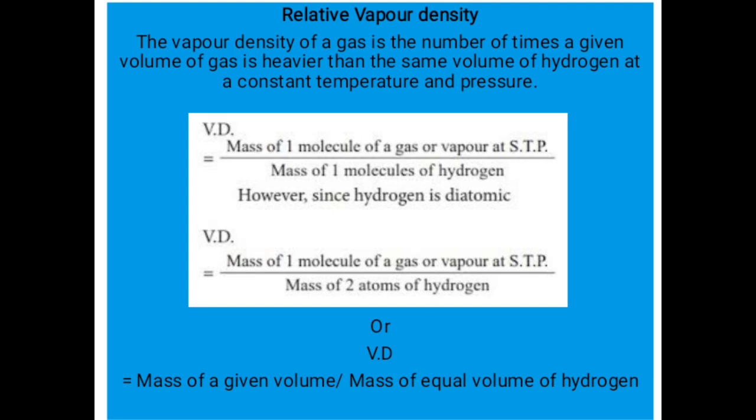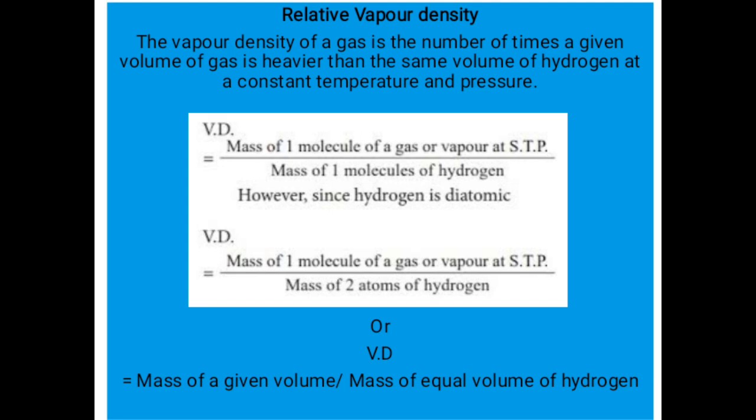And we have formulas for this vapor density. One of the formulas is mass of one molecule of a gas or vapor at STP over mass of one molecule of hydrogen. Remember that hydrogen is a diatomic gas. Or we can use mass of one molecule of a gas or vapor at STP over mass of two atoms of hydrogen.